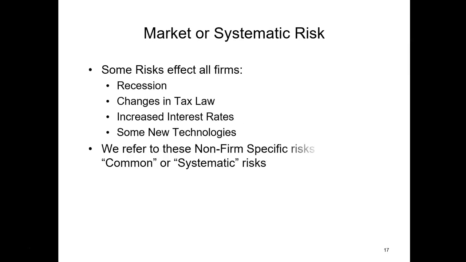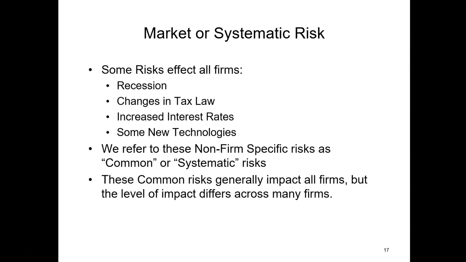Now, the other side of this is what's known as market or systematic risk, right? Some risks affect all firms: recessions, changes in tax law, increased interest rates, some new technology, oil prices, inflation. These are sort of like macroeconomic factors, okay? Sometimes we refer to these non-firm-specific risks as common or systematic risks, right?